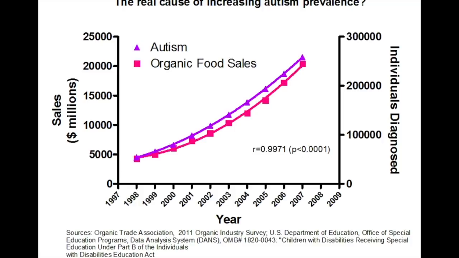Yet, although we see exactly the same correlation between organic produce consumption and diagnosis of autism, few of these people would conclude the same sort of causal relationship they assert of childhood immunizations and autism. In other words, few of these same people would think that the organic foods are causing autism. Yet the relationship between organic food sales and autism is identical, if not stronger, than the relationship between childhood immunizations and autism. So this, in other words, is a counterexample to that erroneous way of thinking.